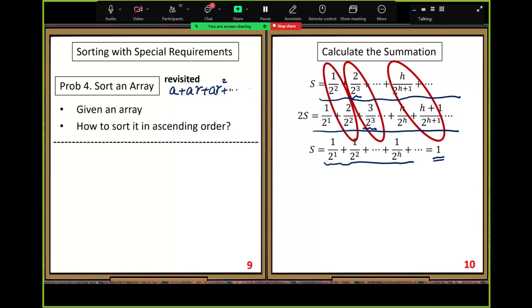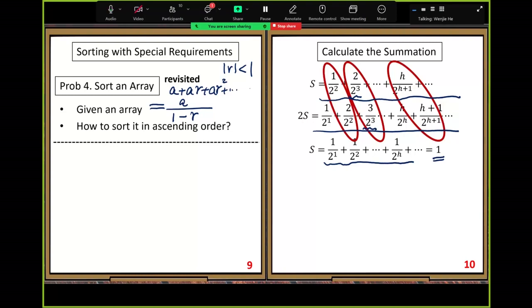So for this series, the formula is A, the first term, over 1 minus R. Here the absolute value of R should be less than 1. Then it's convergent. If the absolute value of R is greater than or equal to 1, it may not be convergent, then the summation does not exist.